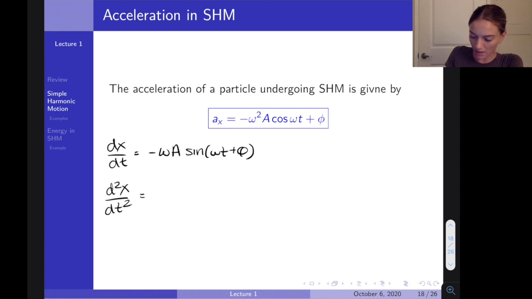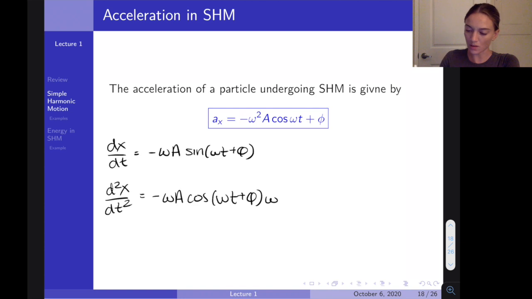We're going to get negative omega a. The derivative of sine is cosine. So we're going to have cosine omega t plus phi, and then times omega again for the derivative inside here. So we get an omega squared here times the amplitude times the cosine omega t.